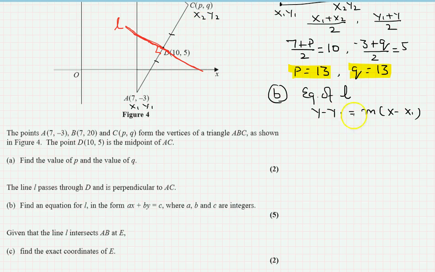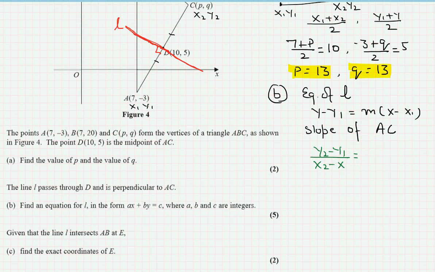So first we have to find the slope of AC. Slope of AC is y2 minus y1 over x2 minus x1. That is the slope.